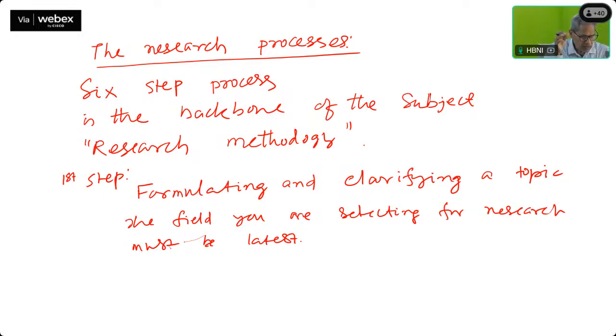Then identifying the research question. Once you have a research topic, you have to identify the research question. What exactly is your problem? Your research question should not be very broad. For this, you go to the literature, find out the gap area and challenges. You can see what the challenges are in this area.